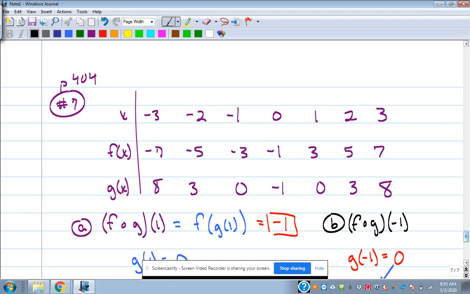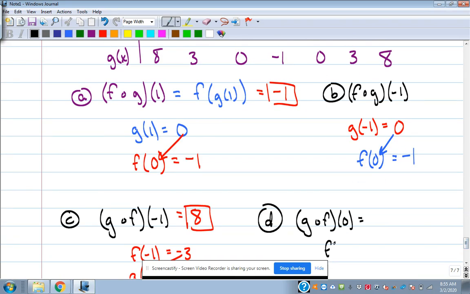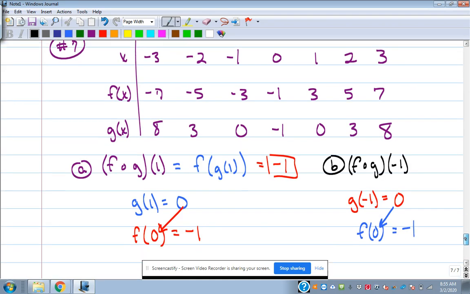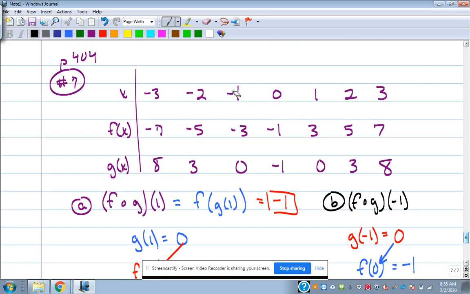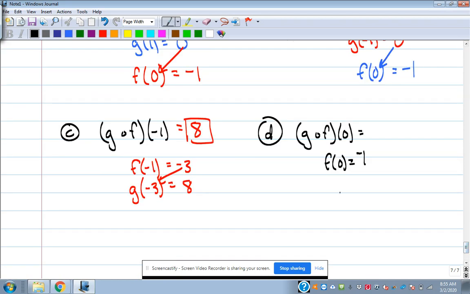So f of 0 is equal to 1 or negative 1? Negative 1. And then that negative 1 is now the new x value. And we find that, here it is, and go into g of x. g of negative 1 equals 0. So that means the composite function is equal to 0.